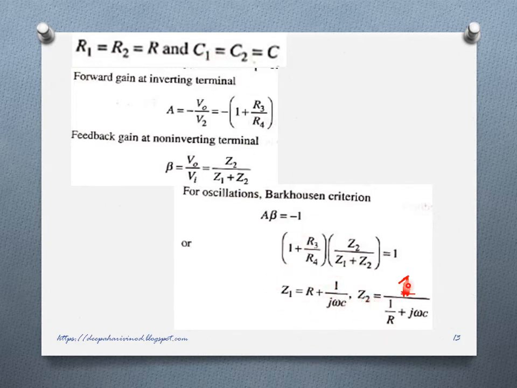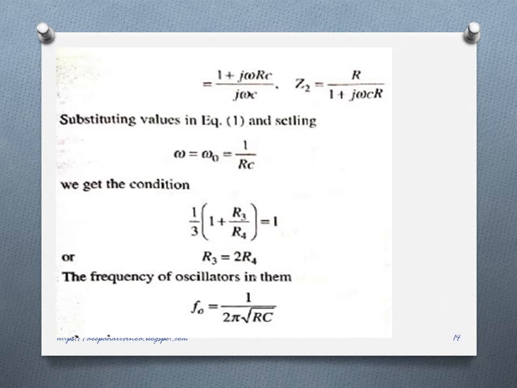And Z2 equal to 1 divided by (1 by R plus j omega C). So I can write it as (1 plus j omega RC) divided by j omega C. So Z2 becomes R divided by 1 plus j omega CR.